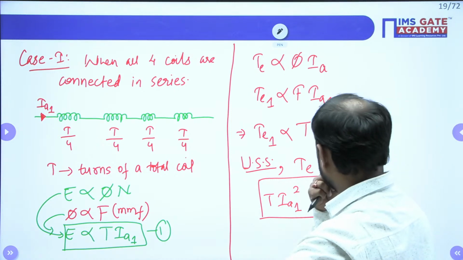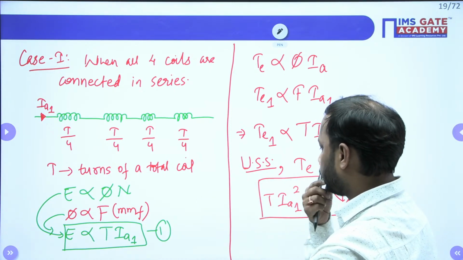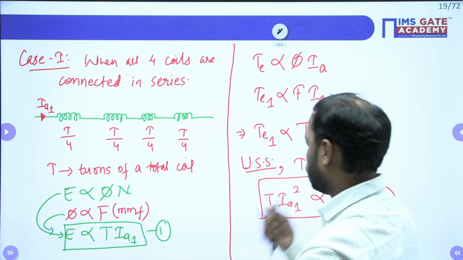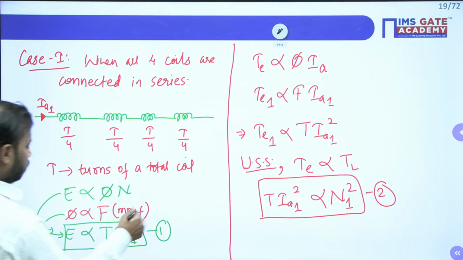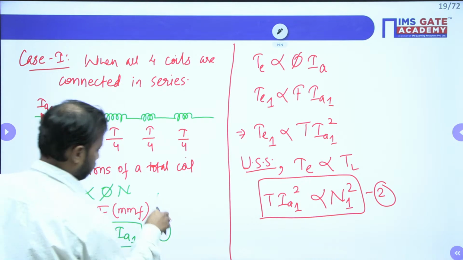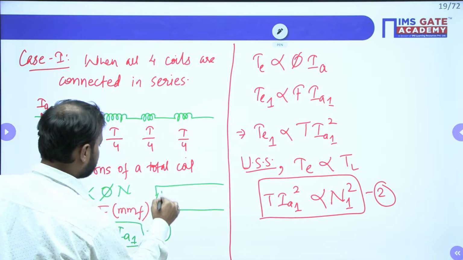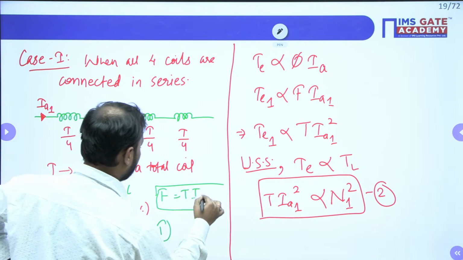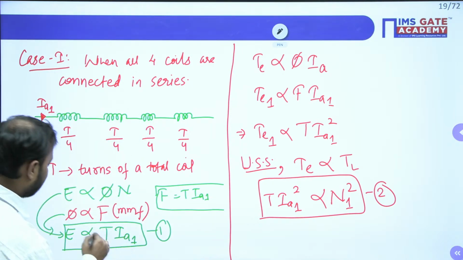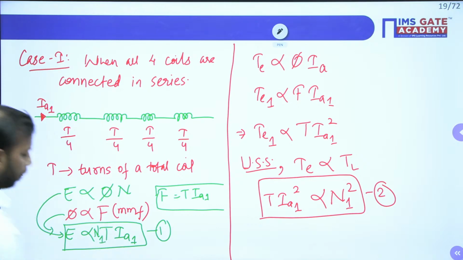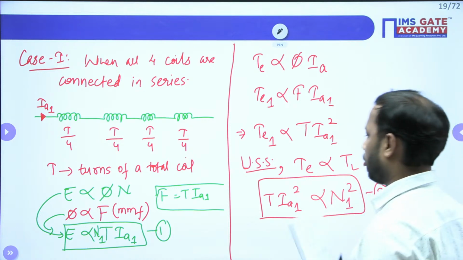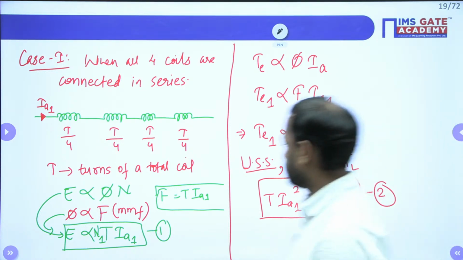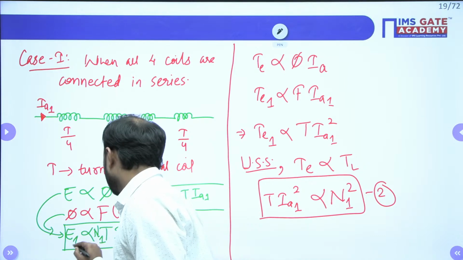EMF we have, that I have written there. I think one part I have missed. F is T into Ia1. Here I have missed the N1 part. Extremely sorry for that. Let me take this as E1.